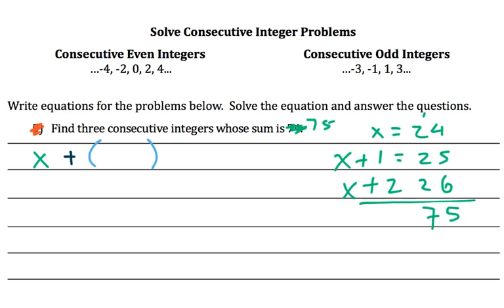Because that green x is the first term, this blue x plus 1 would be my second term, and then in a different color still, my third consecutive integer, my third term, would be x plus 2. Now I don't need these parentheses, so I'm going to write it without them. I only wanted to show those parentheses to help them stand apart.